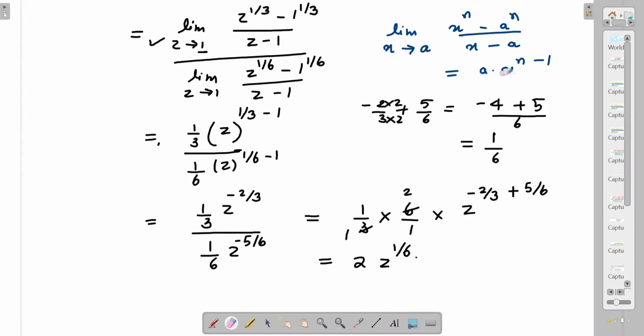So here this will be n multiplied by a raised to n minus 1. So this is the formula. There should not be a variable when you calculate the limit. So I completely missed that.